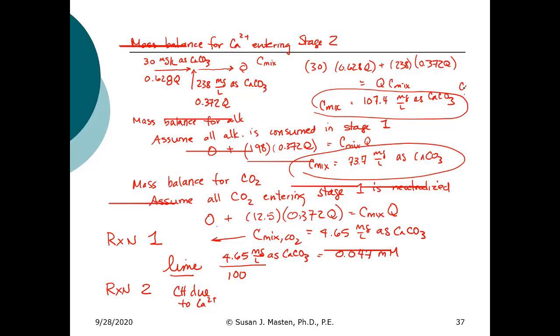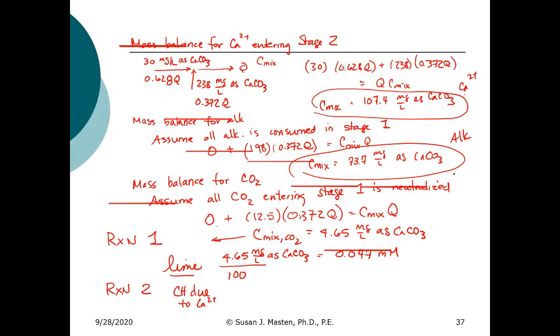So this is our calcium concentration. This is our alkalinity. How much carbonate hardness due to calcium do I have? If I have roughly 74 milligrams per liter of alkalinity and I have 107 milligrams per liter of calcium, how much carbonate hardness due to alkalinity do I have? Is it the 73.7? Exactly, it's the 73.7.